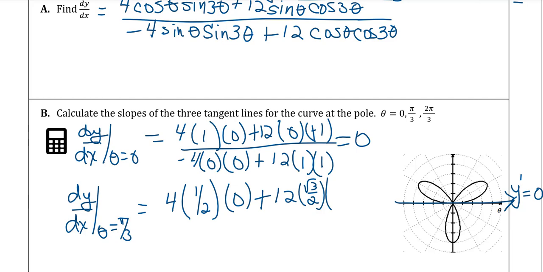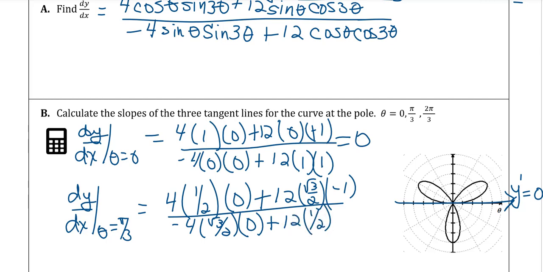I'm sorry, I'm doing pi over 3. So cosine of pi, which would be -1. That's going to be divided by -4 times sine of pi over 3, which is square root of 3 over 2, times sine of pi, which would be 0, plus, hopefully this is not 0, 12 times cosine of pi over 3, which is 1/2, and then we're going to have cosine of pi, which is -1.